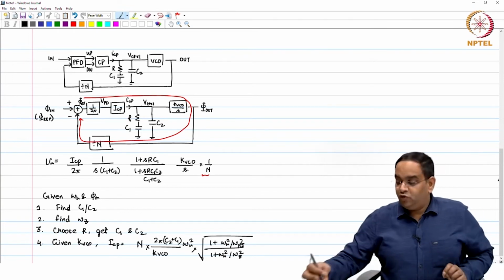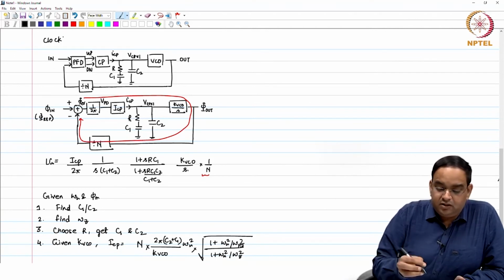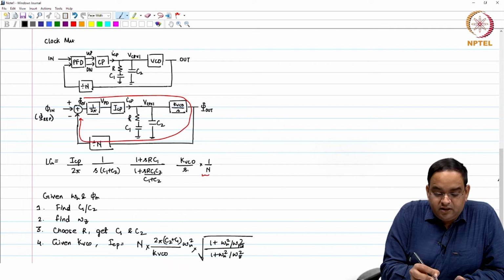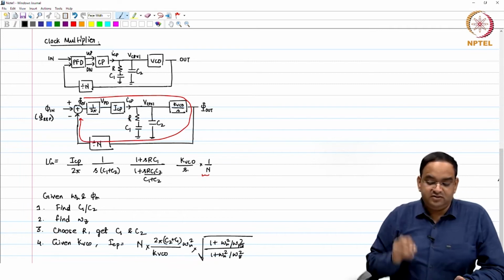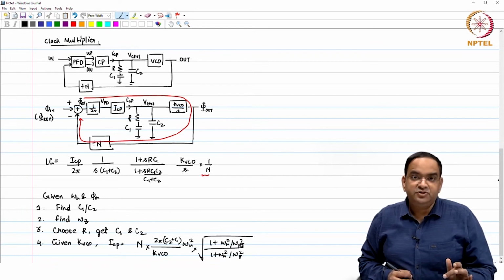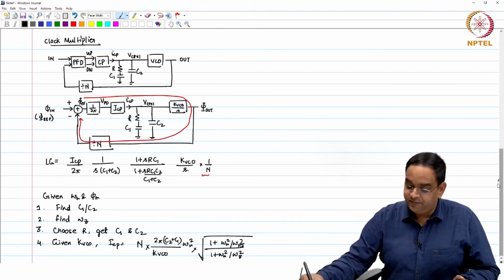Whether it is a clock multiplier or a simple frequency buffer, where the output frequency is the same as the input frequency, the design procedure remains the same, right. In the second case, the output frequency is N times the input frequency.